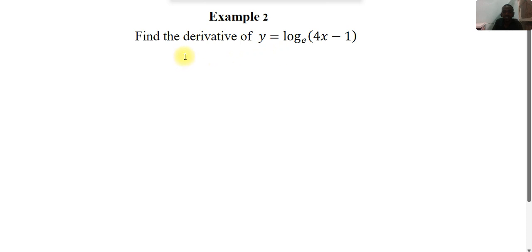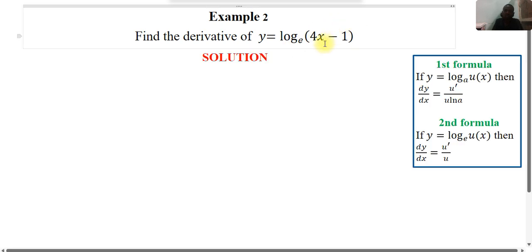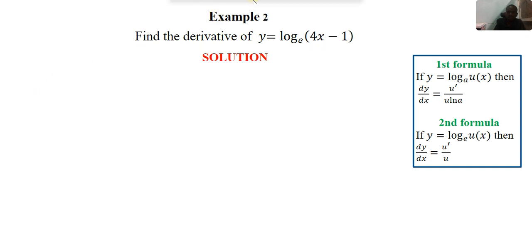You have to find the derivative of y equals log 4x minus 1 base e. Okay, so we have y equals log 4x minus 1 base e.